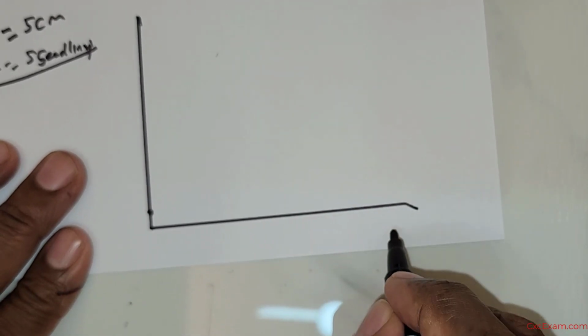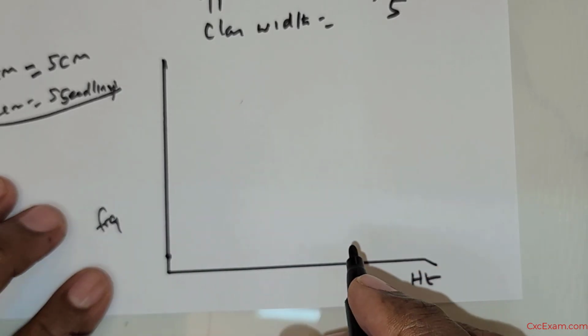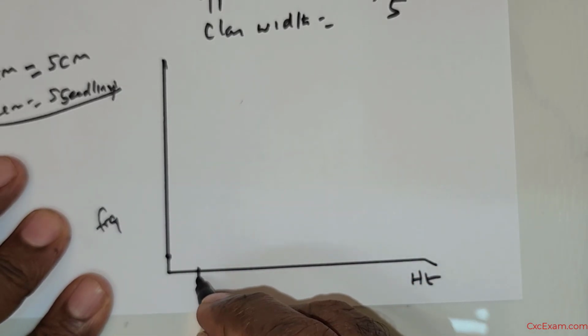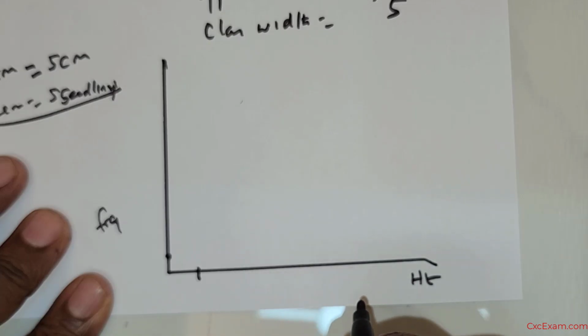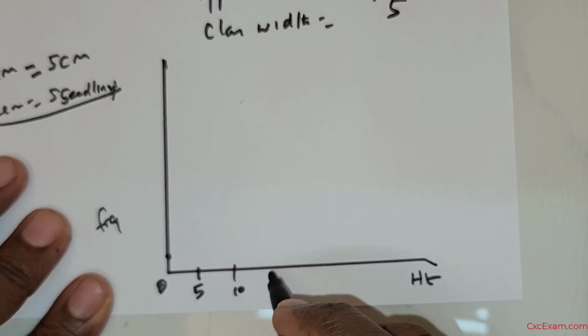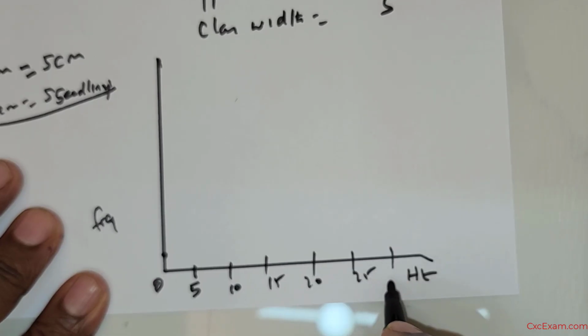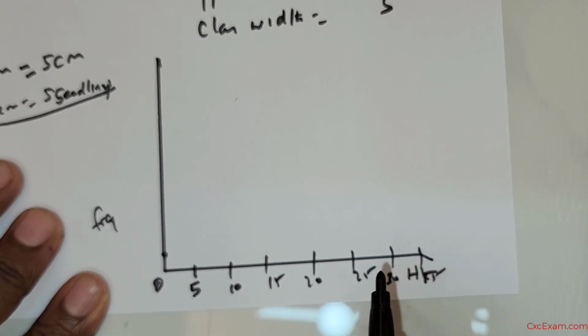So this is going to be our height, this is going to be the frequency. So 2 centimeter is going to be 5 centimeters. So I will have to start here 0, this is 5, 10, 15, 20, 25, 30 and 35.